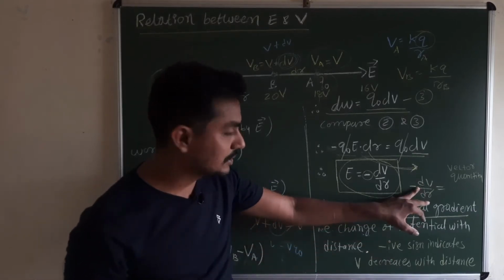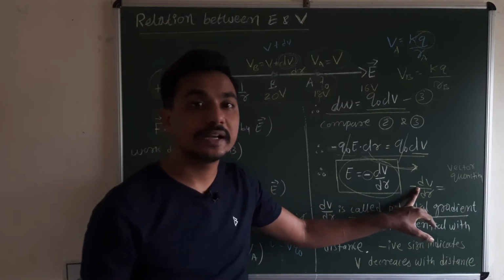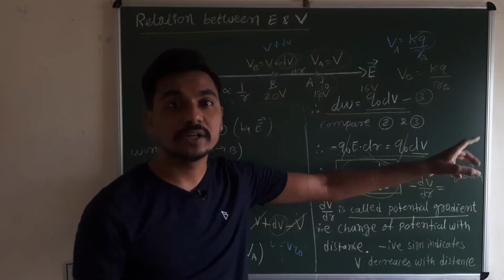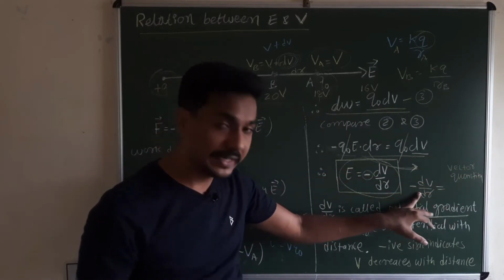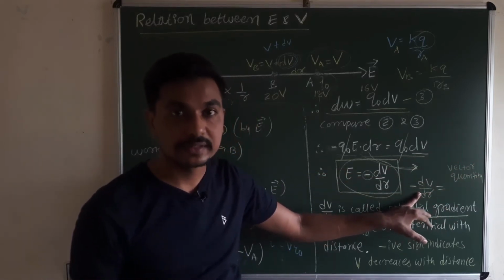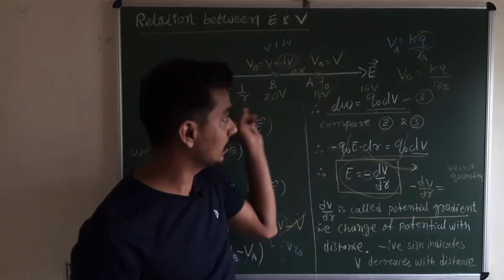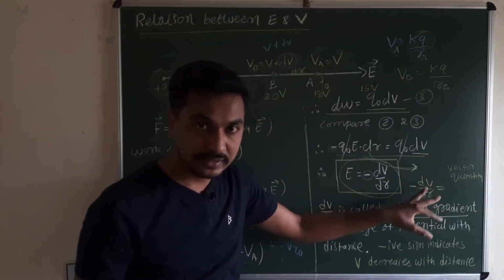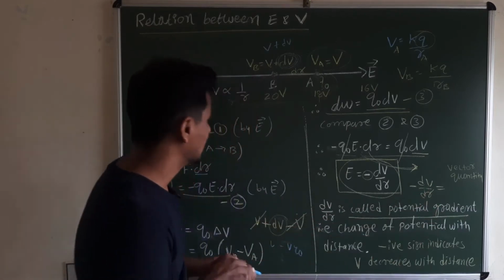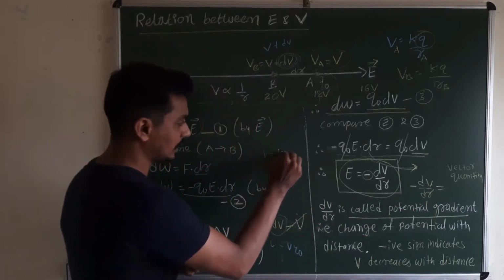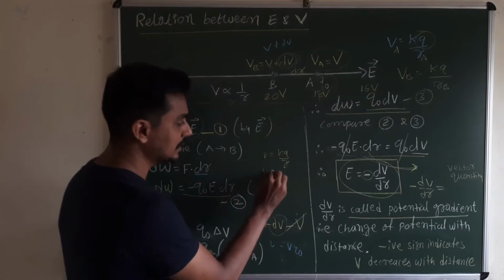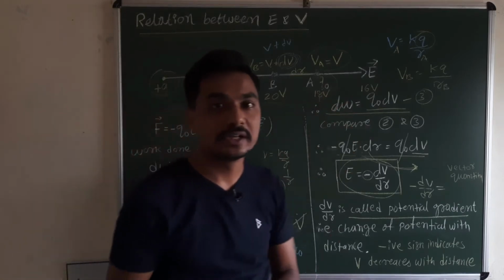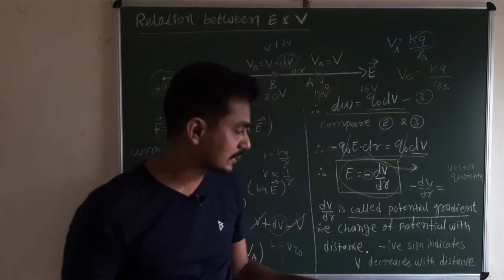That is, potential decreases with the increase in the distance in the direction of the electric field. We have the formula V is equal to KQ by R, so V is inversely proportional to R. So if you move in the direction of the electric field, the potential decreases.